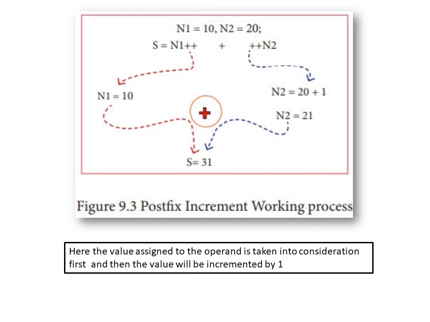That is n1 equals 10, n2 becomes 21 and we get s equal to 31. After the processing reaches the semicolon and goes for the next statement, n1's value will turn to 11, but already s's value is 31, so there won't be any change. That's the difference between prefix and postfix.